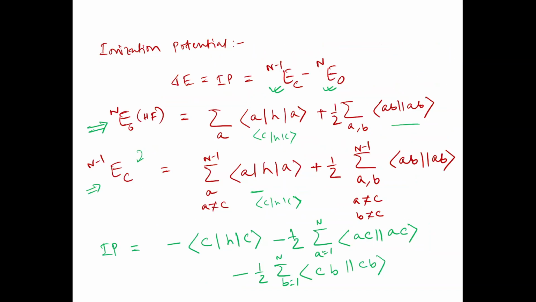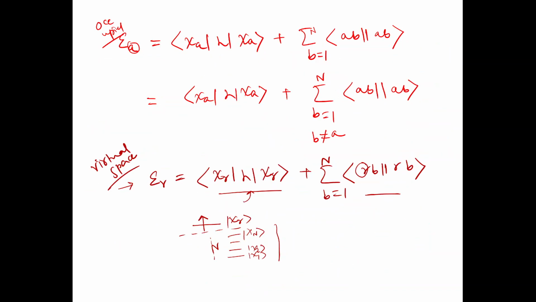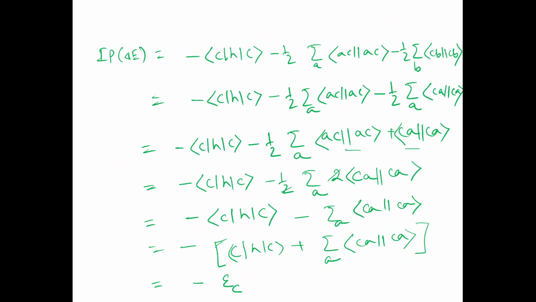Now go back and see that the EA is ER here. So this is the chi R H chi R summation over RB, right? And in a similar fashion, you can prove the EA also. What is EA? The definition of electron affinity is the energy of the neutral, or your Hartree-Fock.